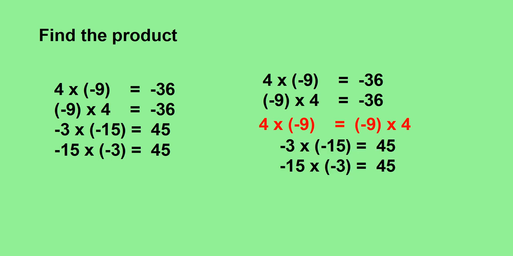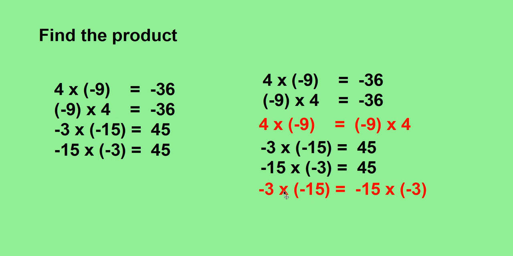Similarly, negative 3 into negative 15 is 45, and negative 15 into negative 3 is again 45. So we can write negative 3 into negative 15 is equal to negative 15 into negative 3. This property we can call commutativity of multiplication.